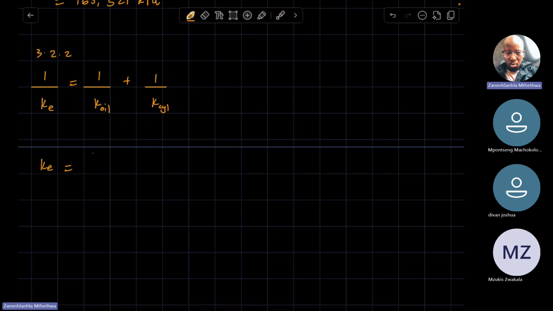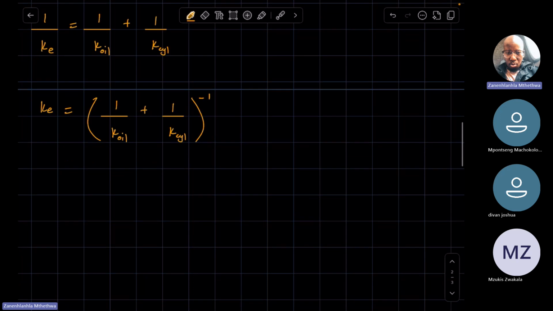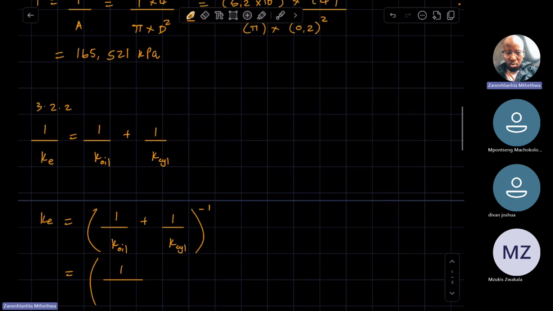So this will then be equal to the inverse of what we get here, right? So now you can substitute. In substituting, you have 1 over the K of oil.